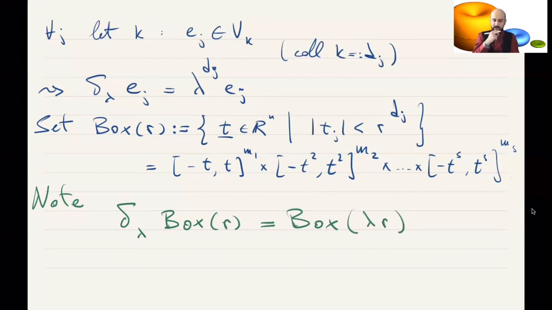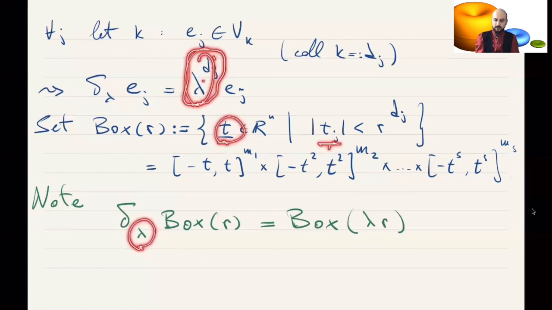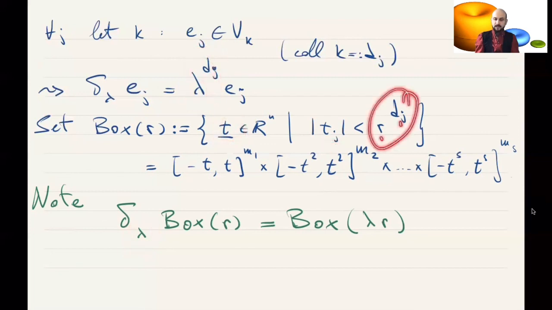Okay? Now this should be very, very clear why this is true. I mean, you just multiply. Now every element is dilated by lambda^dj. Right? So now you have the box where instead of r^dj you have lambda^dj times r^dj, which is the same as saying (lambda r) to the power dj. Okay, please check you have understood why this formula is true.